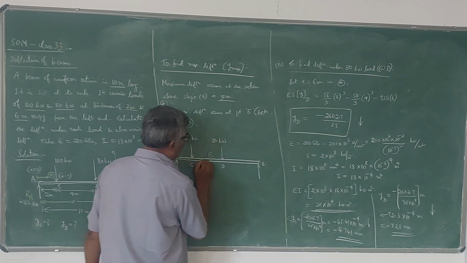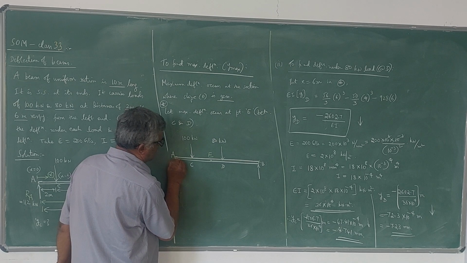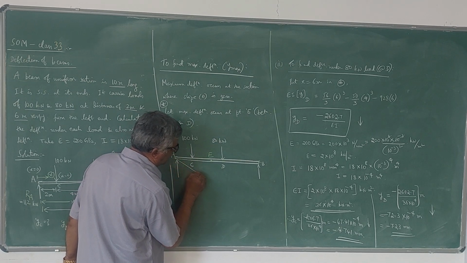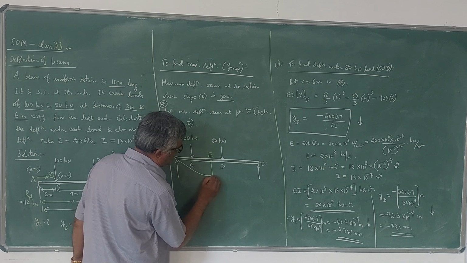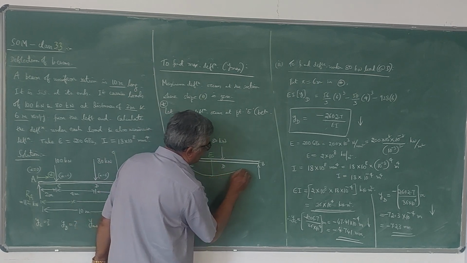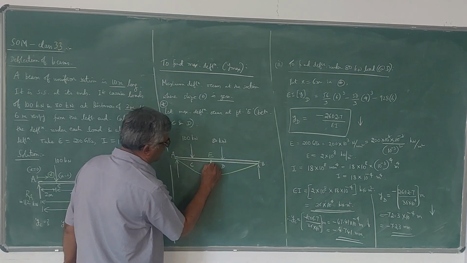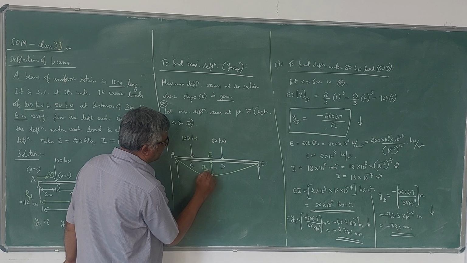If you draw the elastic curve, it will be something like this. Maximum deflection occurs here. If you draw the deflected curve, Y max will be here, like this. This is the deflected curve. So this value YE is nothing but your Y max.